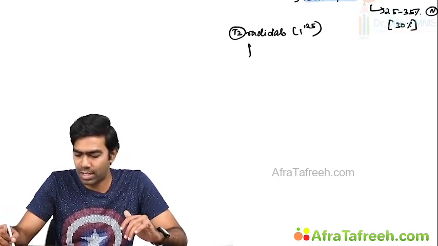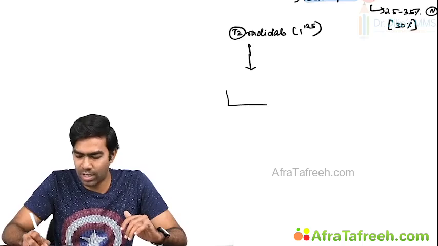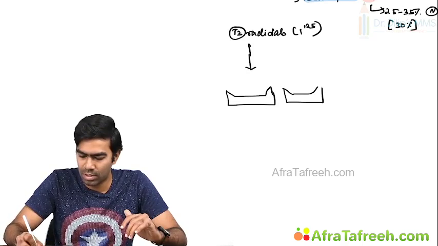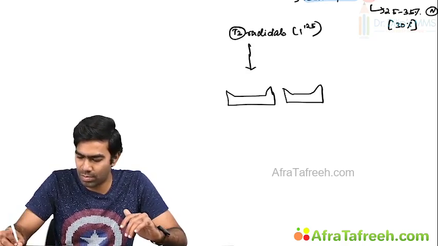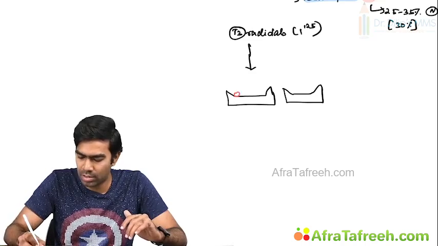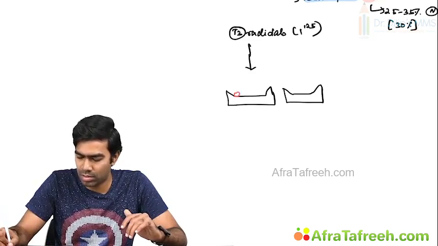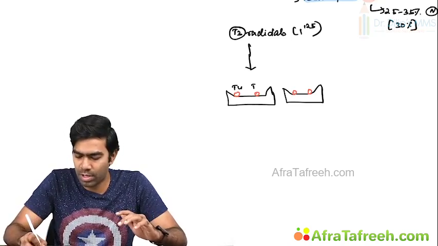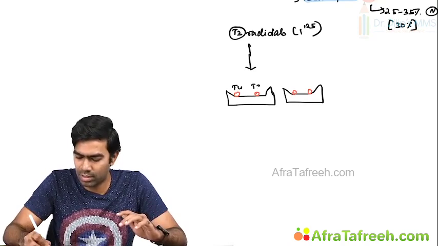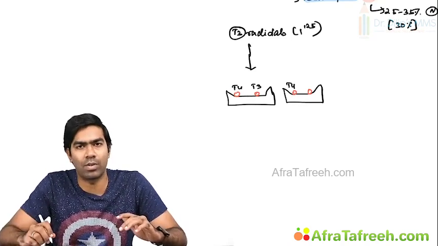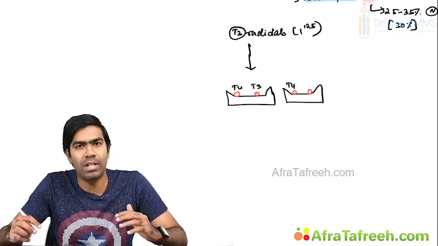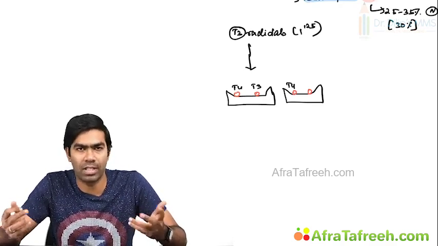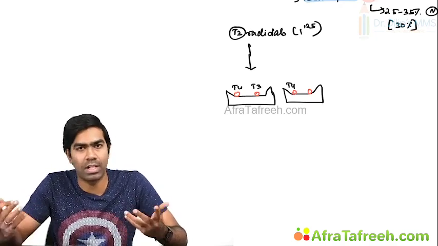This radiolabeled T3 will initially bind to the TBG because they have high affinity for TBG. You know very well that TBG has a lot of binding pockets. It is very sure that some of these binding pockets will already be occupied by thyroxine and triiodothyronine. But there will be some binding pockets that are free in the TBG present in the sample.